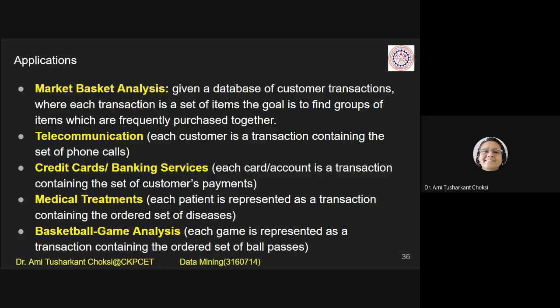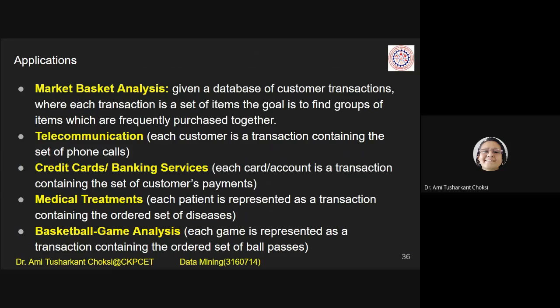So what are the applications of association rule mining? They are market basket analysis. Keeping that as the base, we have learned the things, right? This application we are talking of since long. So we can understand that very easily, isn't it?